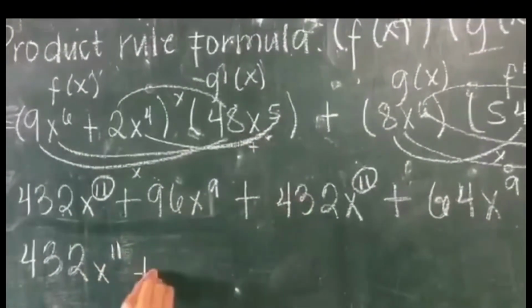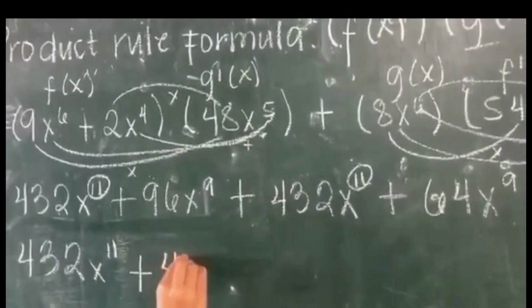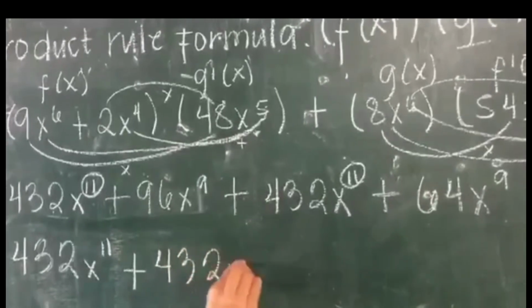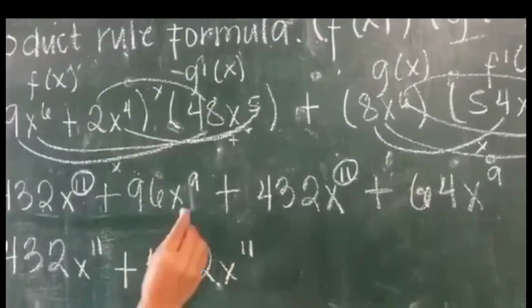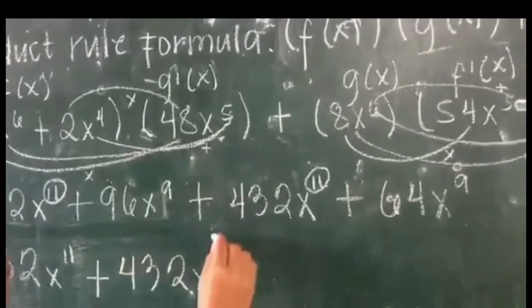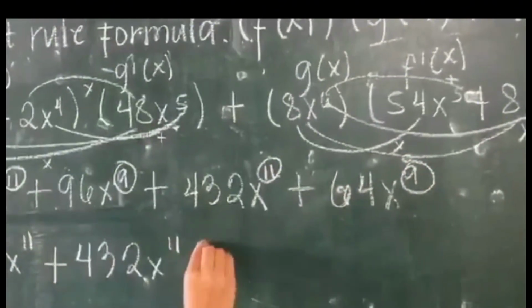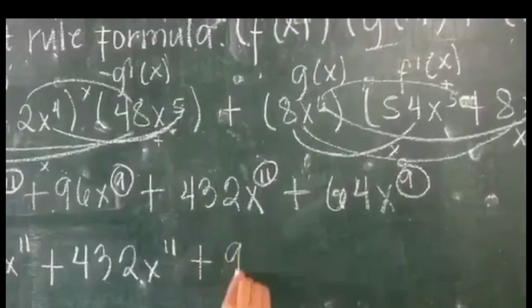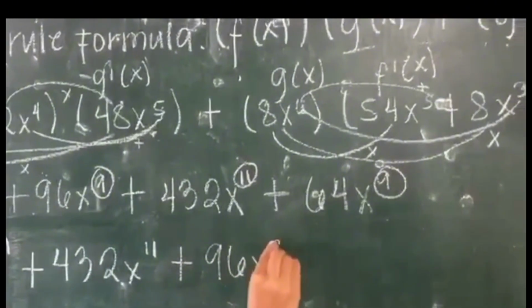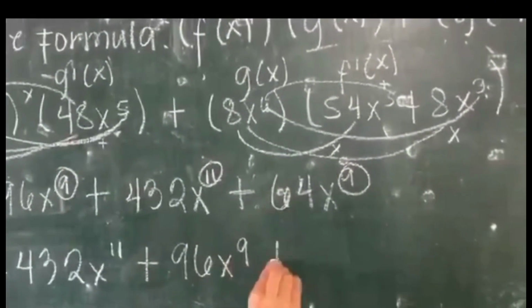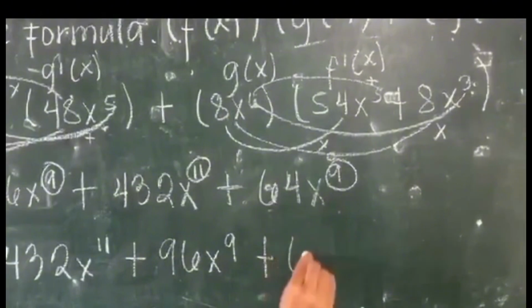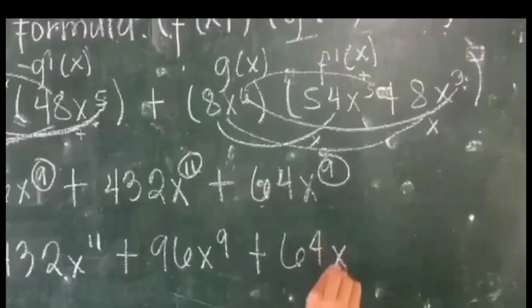432x raised to the power of 11 plus 432x raised to the power of 11 plus 96x raised to the power of 9 plus 64x raised to the power of 9.